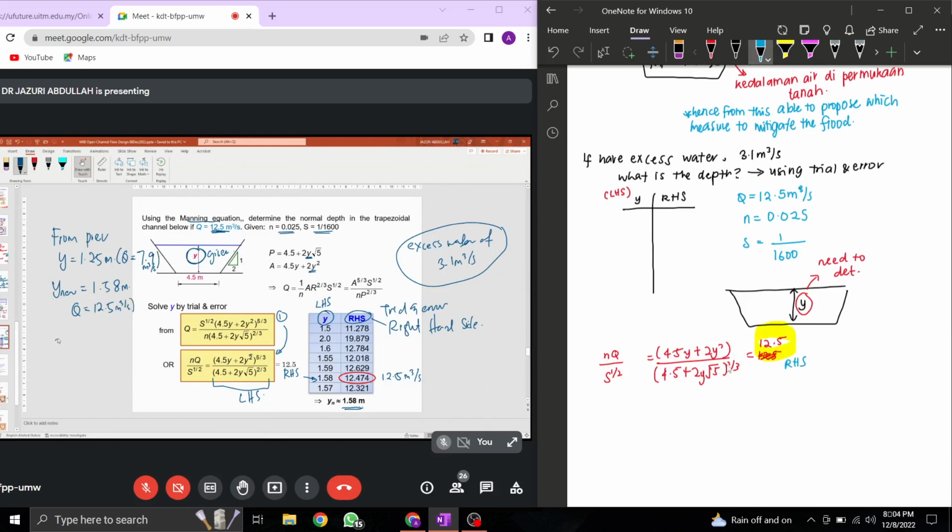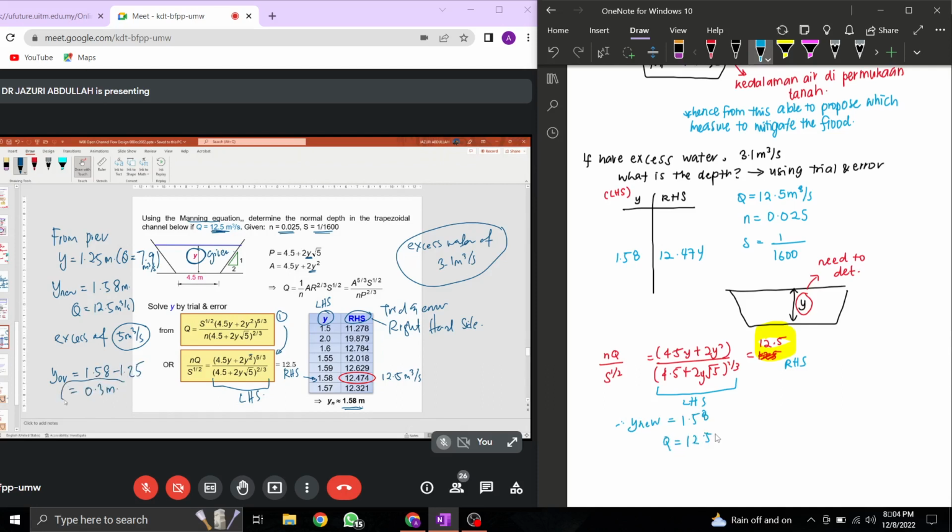So you have the excess of about 5 meter cube per second. So you have the about Y over length equal to 1.58 minus 1.25, so you akan dapat lebih kurang 0.3 meter.